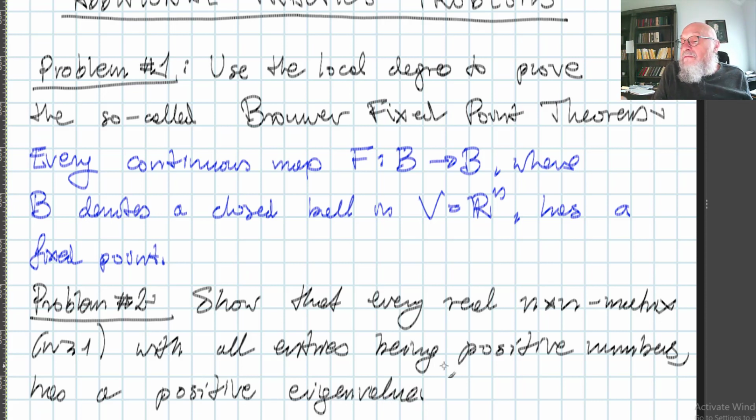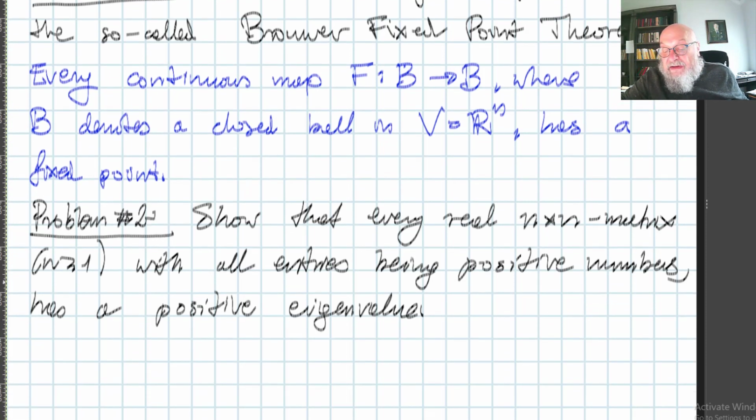Has a positive eigenvalue. Okay, so let's go to problem number 3.